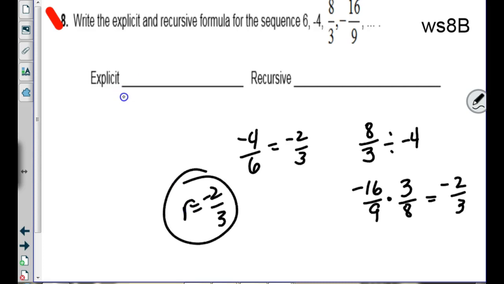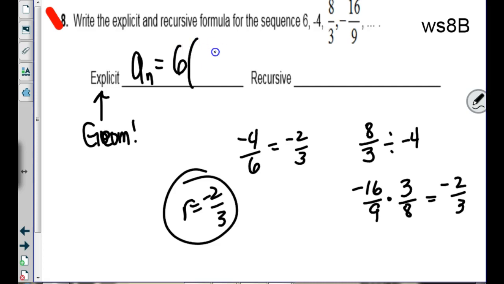So what does explicit look like for, this is on your sheet, but it's geometric. Who remembers how that works? A sub n or U sub n, I don't care, equals 6 times negative 2/3 to the n minus 1. Nicely done. Make sure you have parentheses and that the n minus 1 is on the outside of the parentheses.